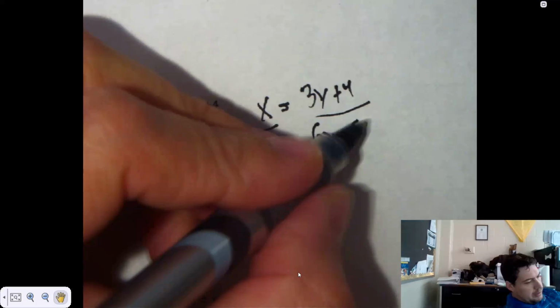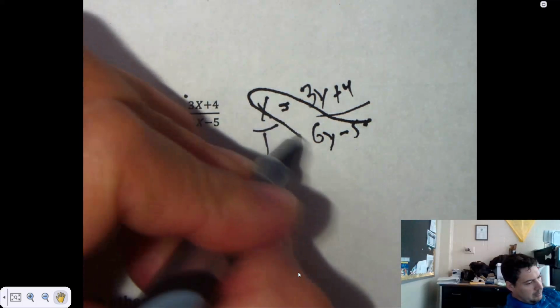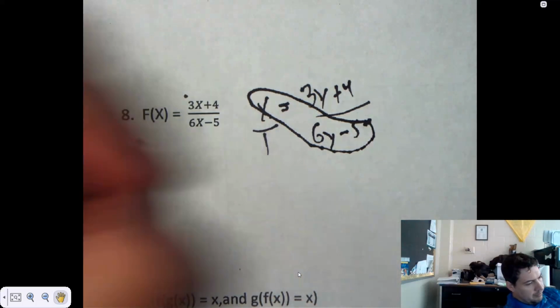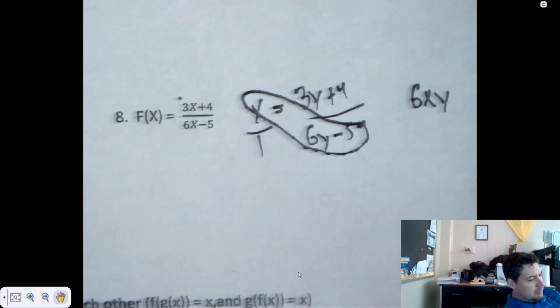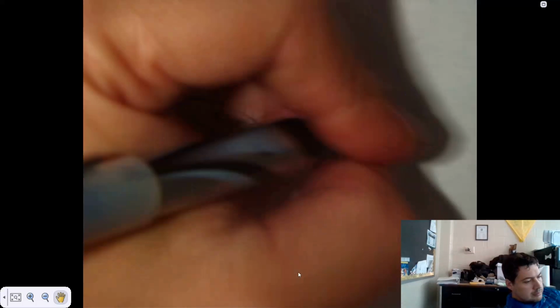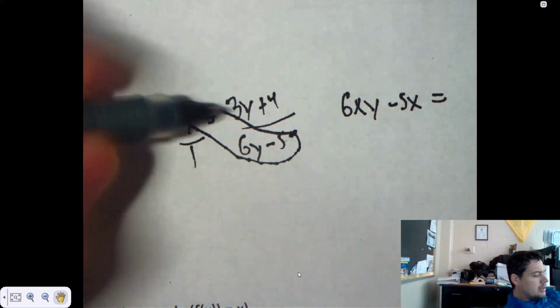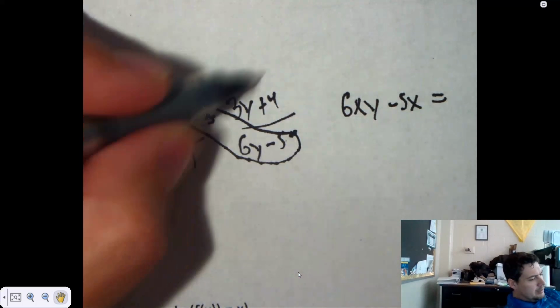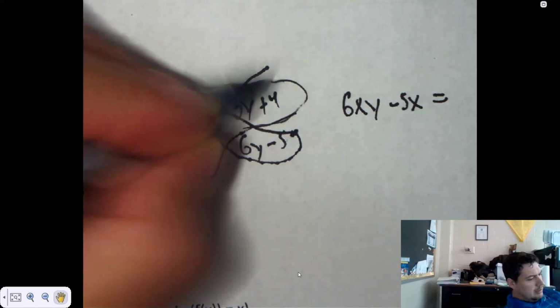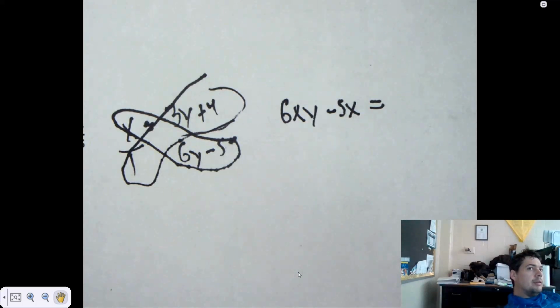That means you link these together. What is x times 6y? 6xy. What is x times a negative 5? 5x equal to, there's an equal sign. A lot of kids throw in a divisor. Equal to the product of 1 and 3y plus 4.